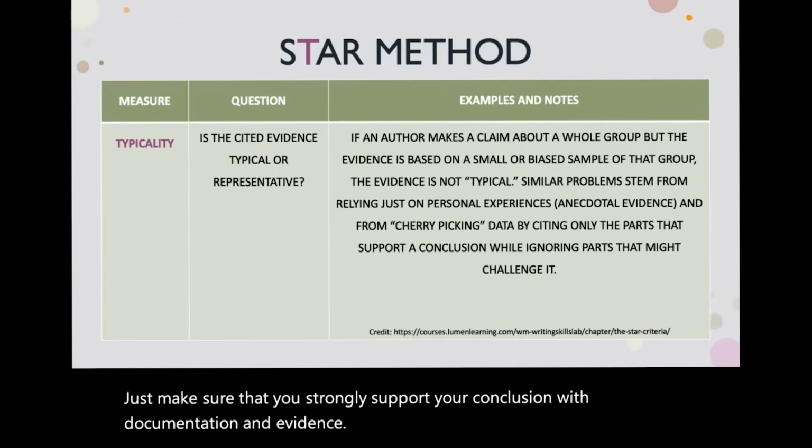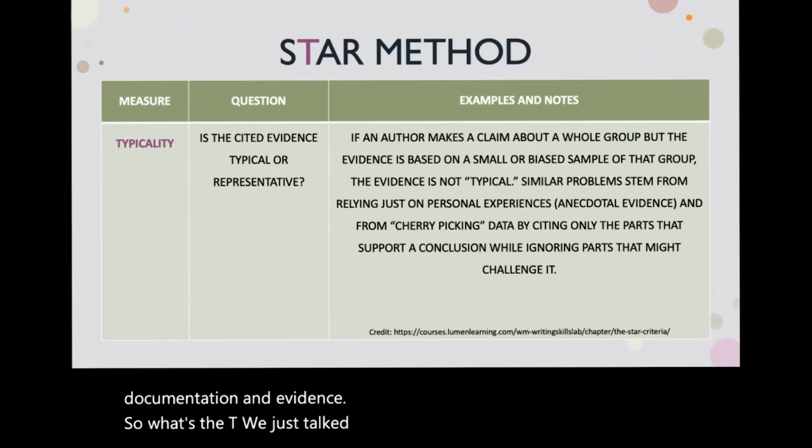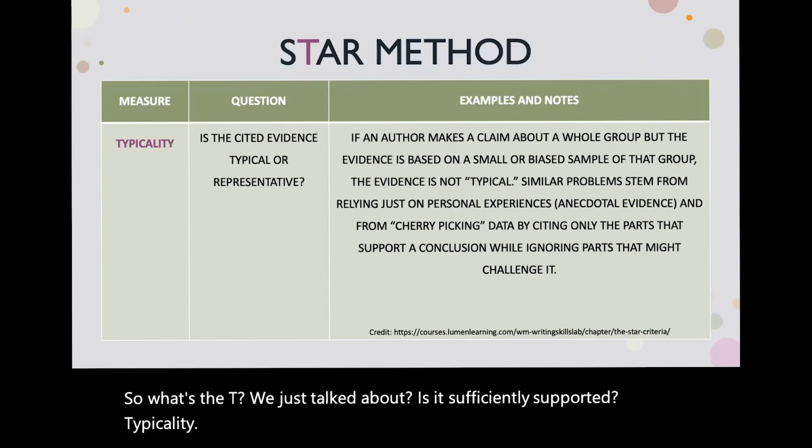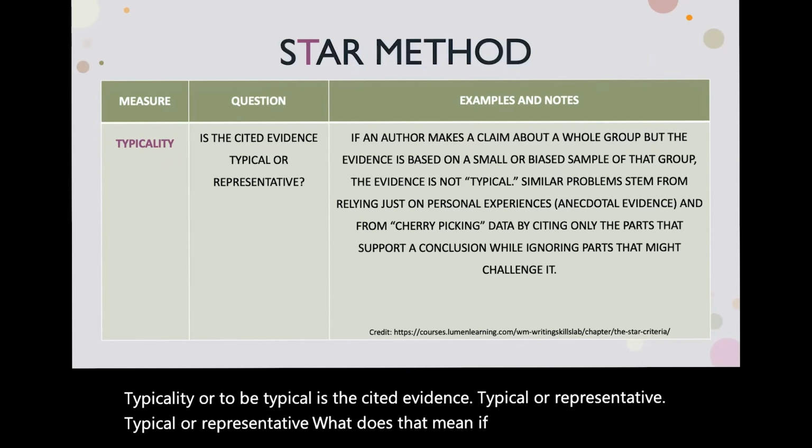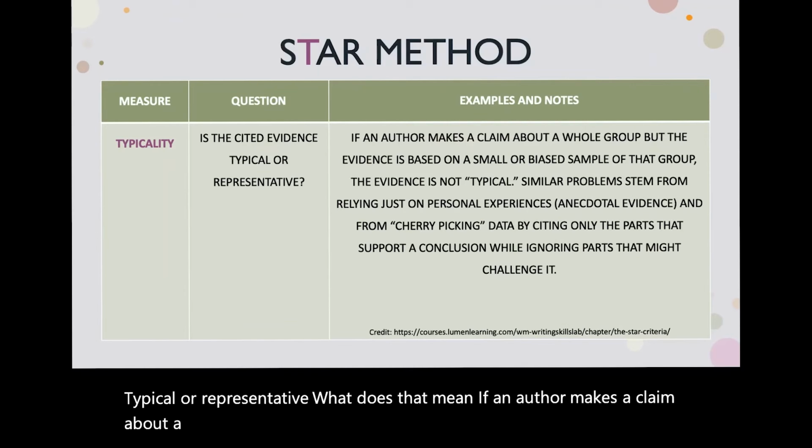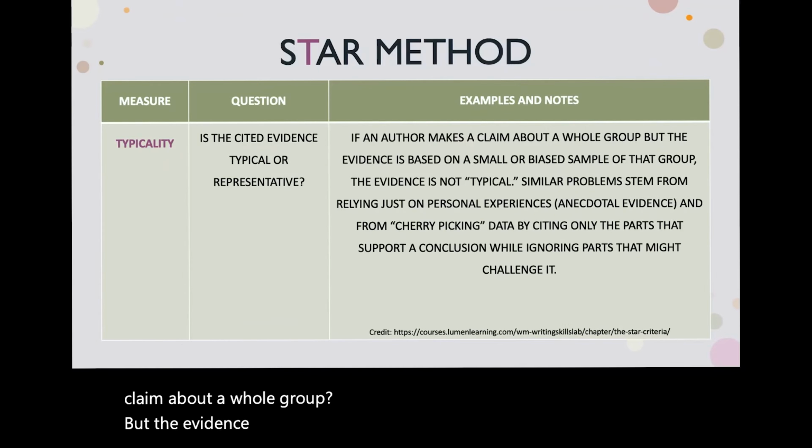So what's the T? We just talked about, is it sufficiently supported? Well, typicality. Typicality, or to be typical, is the cited evidence typical or representative? Typical or representative? What does that mean? If an author makes a claim about a whole group, but the evidence is based on a small or biased sample of that group, the evidence is not typical.